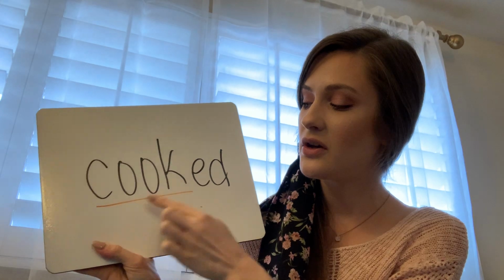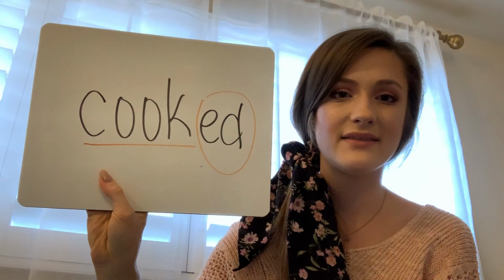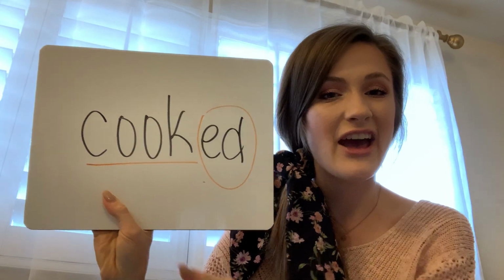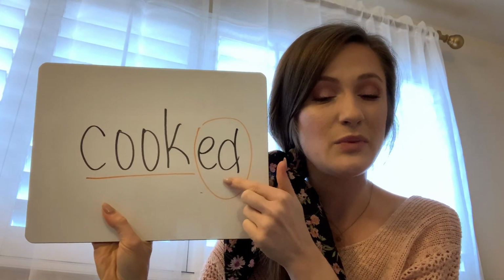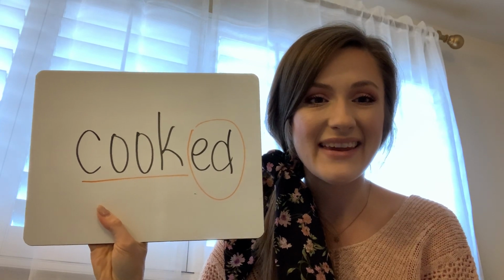But if I say I cooked dinner yesterday, then that means it happened before now. So I've got cook, and then cooked. I'm going to circle that ed. Cooked. Do you see how there's the root word, and then all we did was add that suffix, and it made it another word? Good job.